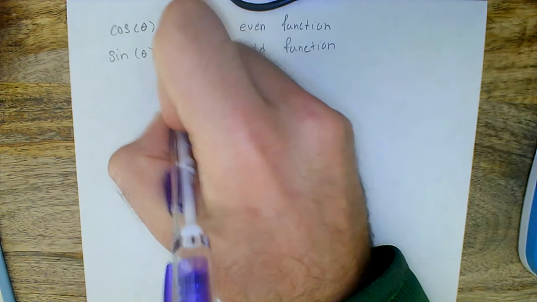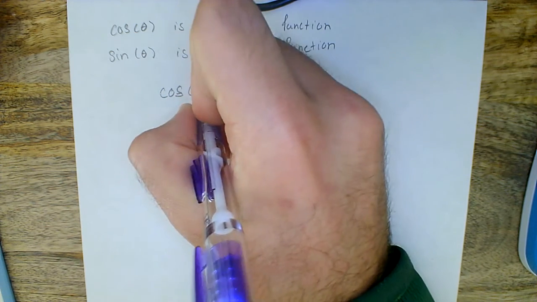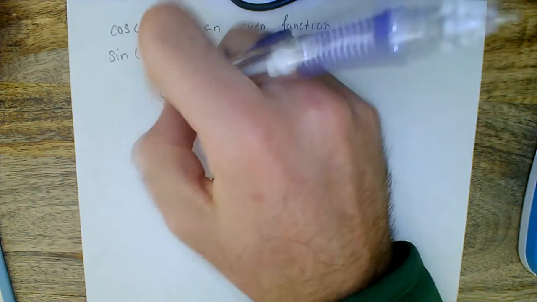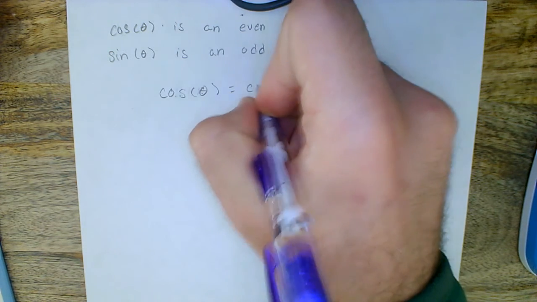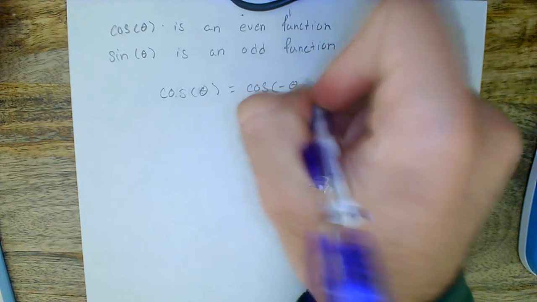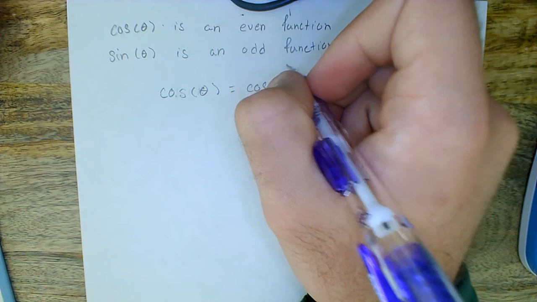Cosine of theta is equal to the cosine of negative theta.